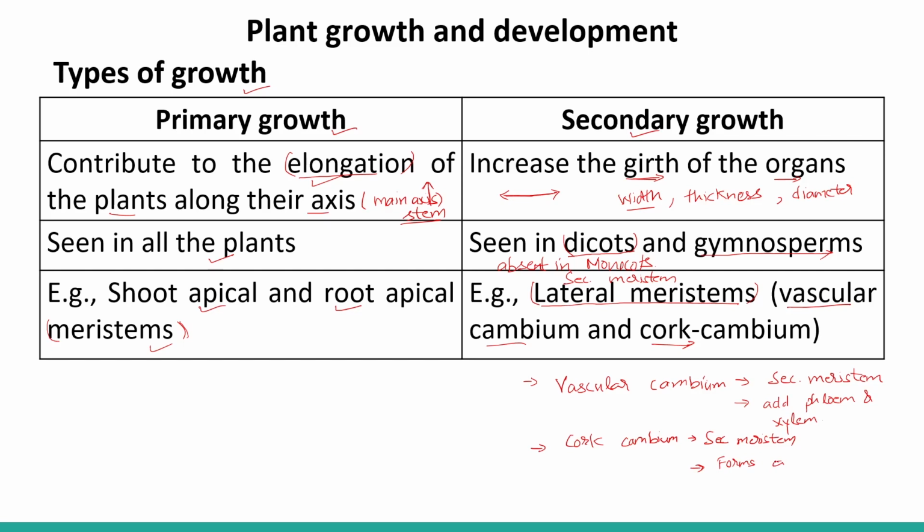Bark has many regions. One of the regions is formed by cork cambium in the bark of the stem. So this was about primary growth and secondary growth.